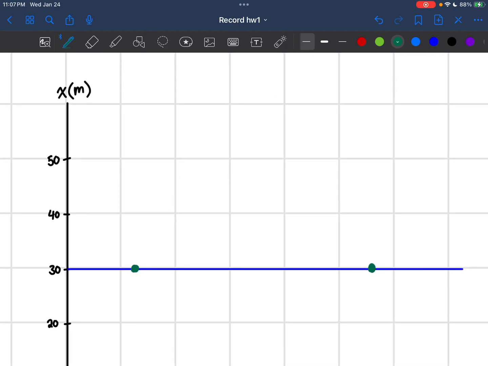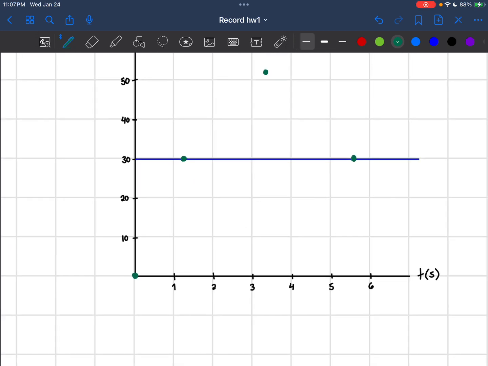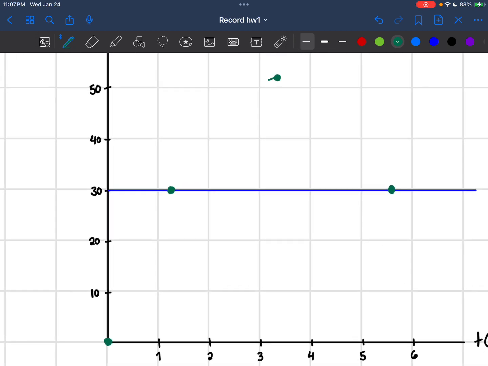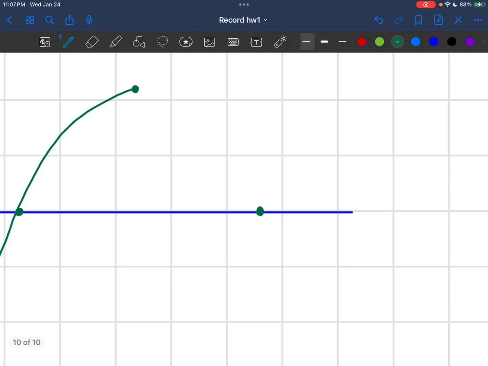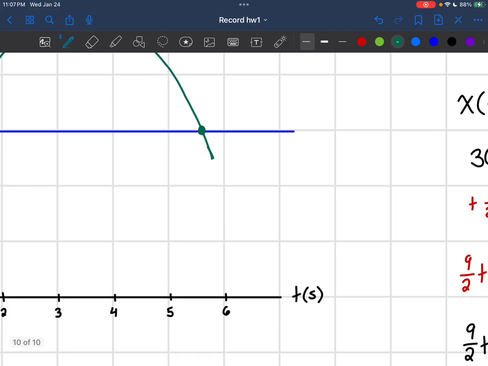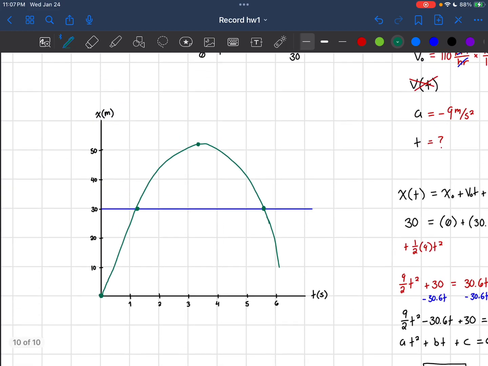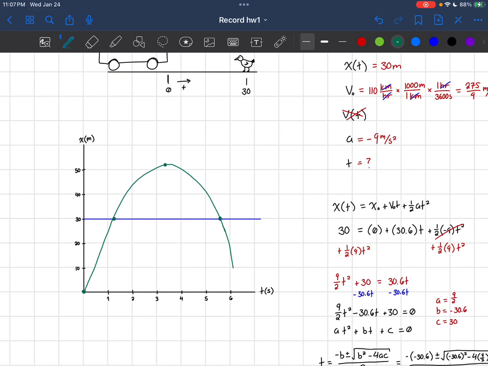We'll just guess that it's going to be centered between the two of those, so it's right around there, we'll just say. And so just sketching a general graph of the car's motion. Sketch that like that. All right. Should be symmetrical. I'm not very good at drawing things, though.